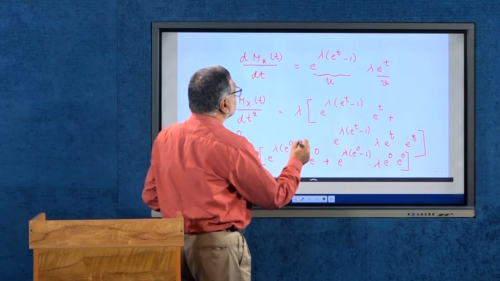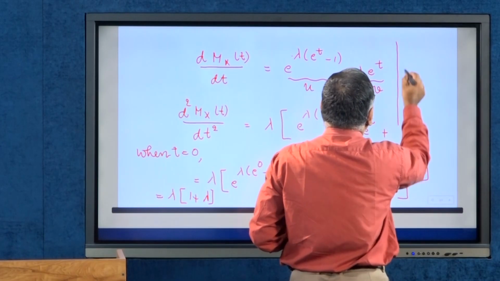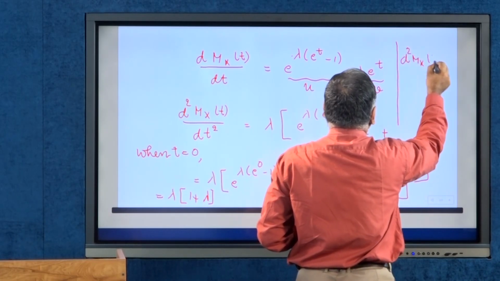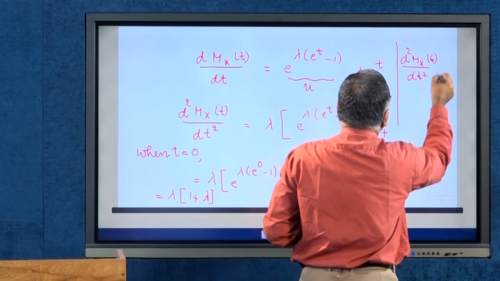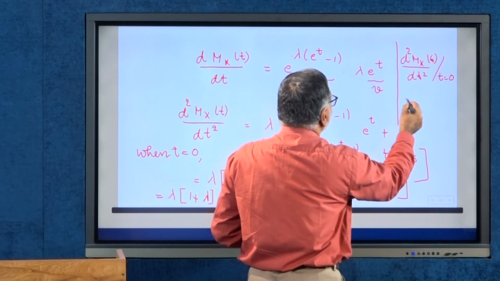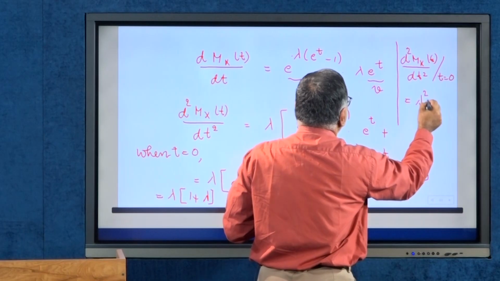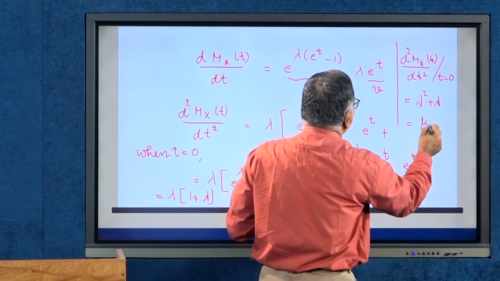So, what is the second derivative? The second derivative d square M X(t) by dt square when t is equal to 0 is equal to lambda into (1 plus lambda), or we can write lambda square plus lambda, and this is our mu 2 dash.